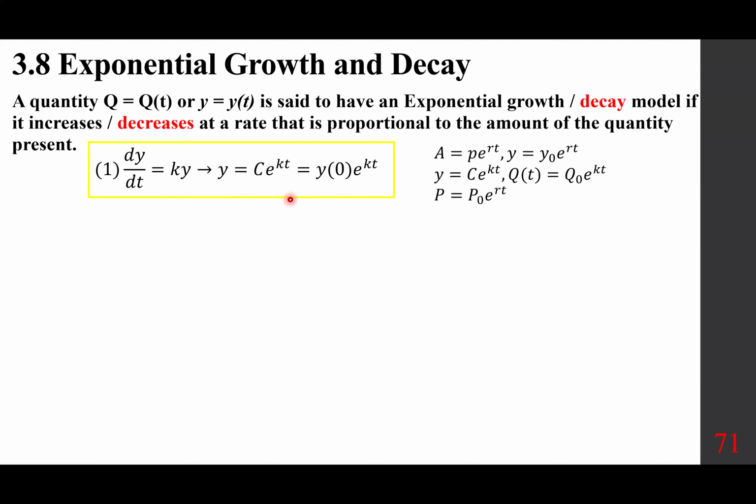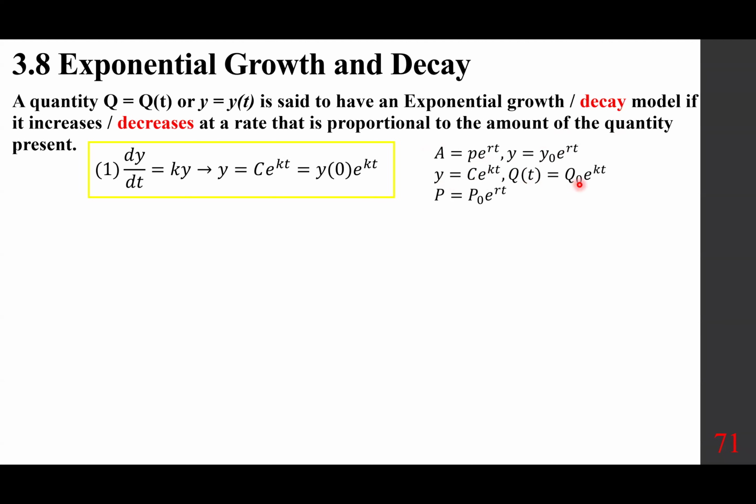Some of the formulas you are familiar with. If you recall, A equals P e to the power of rt represents the investment, compound interest continuously. Or y equals y sub 0 e to the power of rt, or e to the power of kt. r or k are the same. y equals C e to the power of kt.